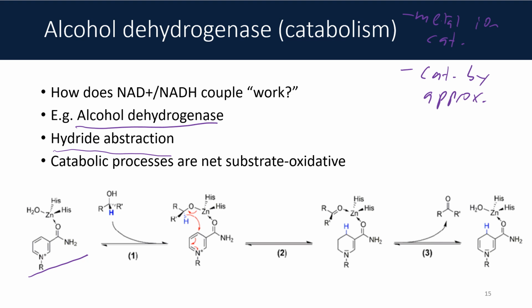Because bound to that same zinc cofactor is a water molecule that will be displaced by an alcohol. In this case, let's say it's ethanol. So what happens when we insert the ethanol into the zinc position? Well, we will lose the hydrogen on that alcohol hydroxyl through a process of acid-base catalysis.